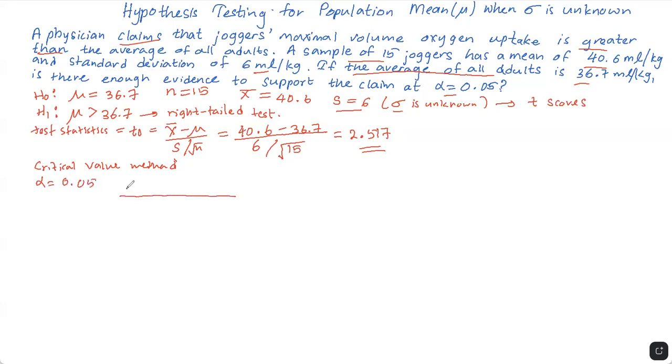So as you can see, this is your t distribution and we are in the right tail. So this area is 0.05. So we need this cutoff value. This is your critical value and this is your critical region. And this area is your non-critical region.